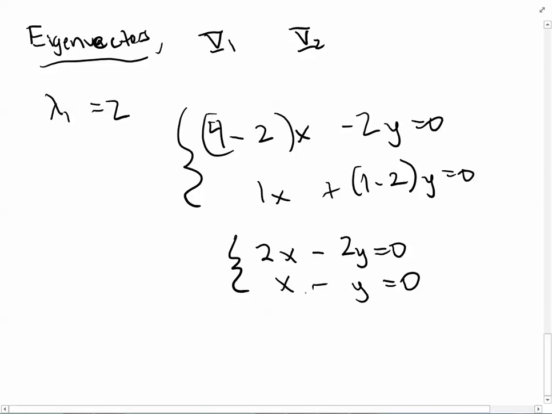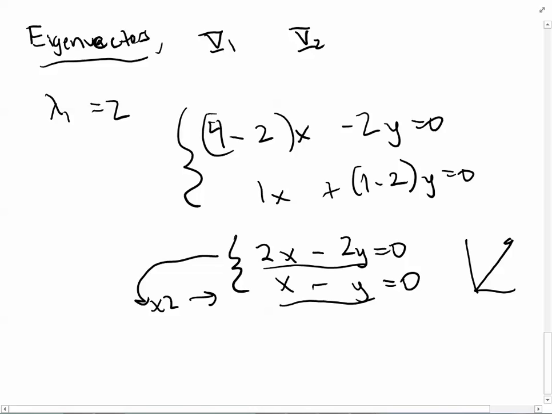It's vectors 2, negative 2, 1, negative 1. This guy here, if I took this guy and multiplied it by 2, I get exactly this guy. So if I plot them, they're exactly the same equation. Subtract 2x from both sides, divide by negative 2, you get y equals x. And then same thing here, subtract x, divide by negative 1, you get y equals x.